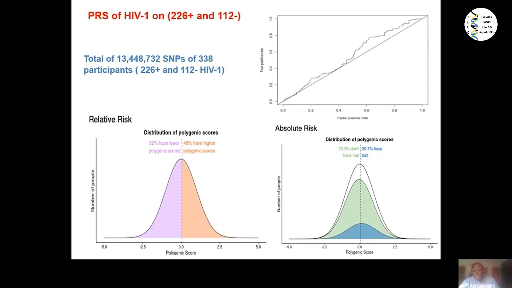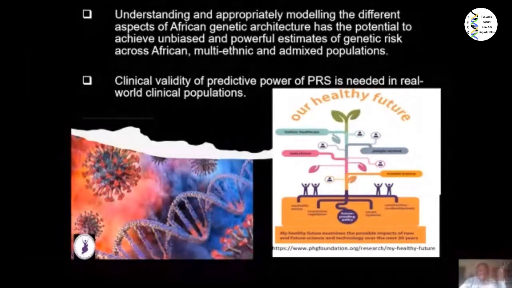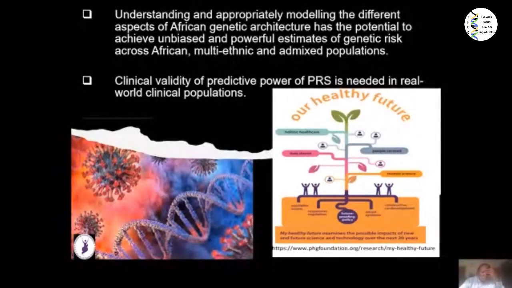So this shows our potential by accounting for ancestry in Africa and selection in the method of polygenic risk score. The take-home message here is that PRS differ across African populations, and that is arbitrary, but these biases are not meaningful.